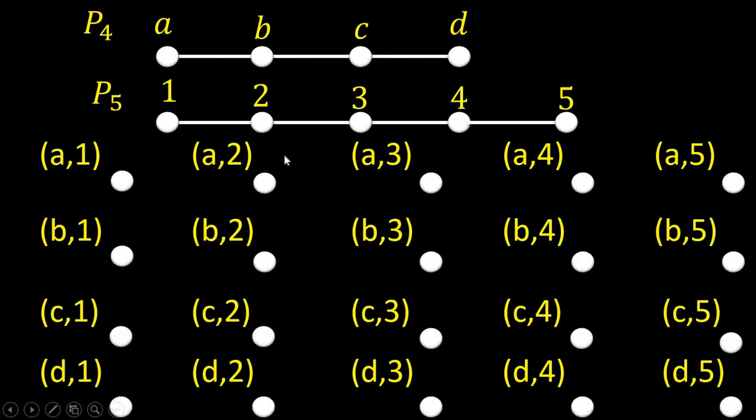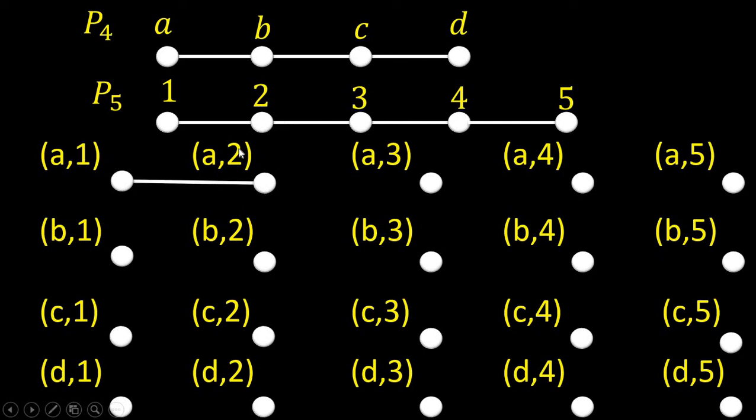Now according to the Cartesian product, look here, x1 is equal to x2, A and A, both are equal, and if 1 and 2 are adjacent in the second graph, that is P5, then I make a line between A1 and A2.